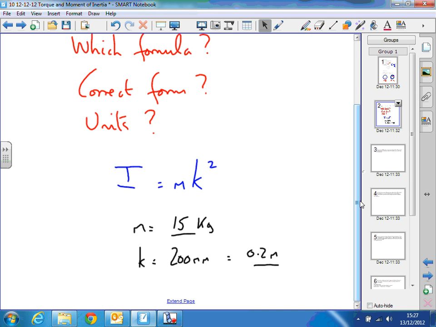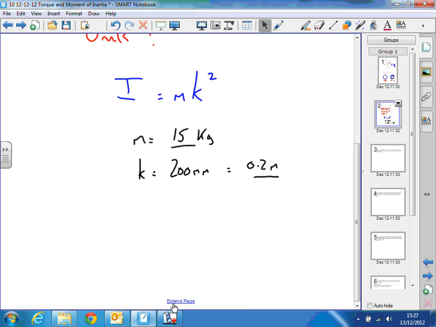So we plug that in and we get the value for the moment of inertia. Which is not quite, I don't think. 0.6, yeah.